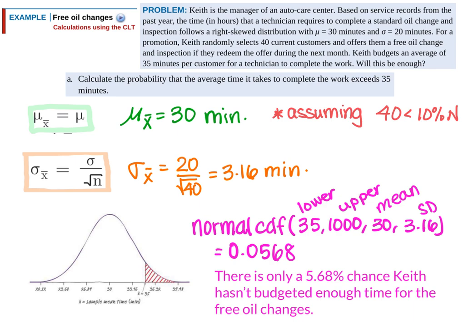So thinking back to when we did all those normal distribution calculations, I'm going to use normal CDF because that's going to give me the area here, and that's going to give me the probability that Keith didn't budget enough time. So plug in the lower value of 35. The upper is something much bigger, like 1,000. Our mean of 30 and our standard deviation of 3.16, and that pumps out 0.0568. So that means that there's about a 5.68% chance that Keith hasn't budgeted enough time for the free oil changes. Not bad.